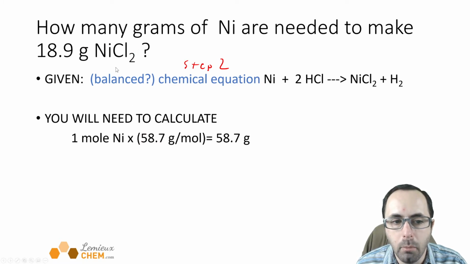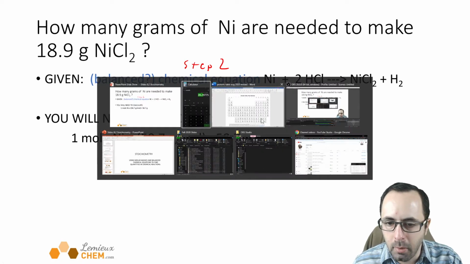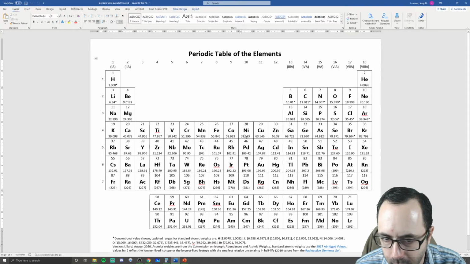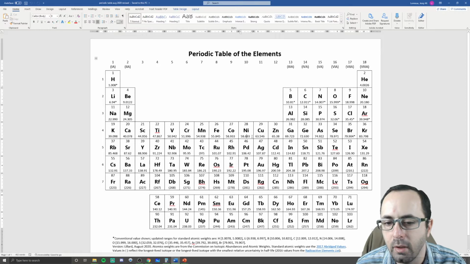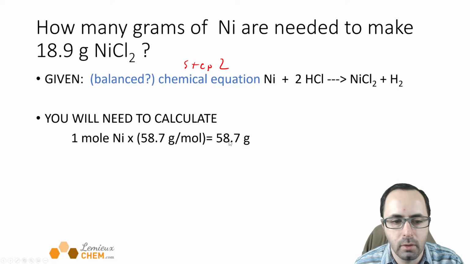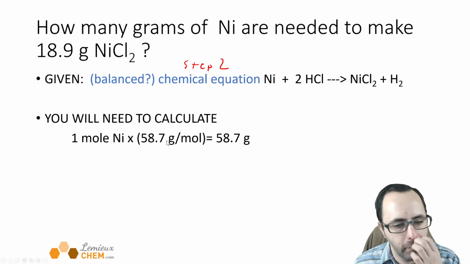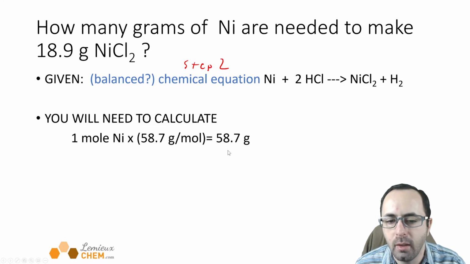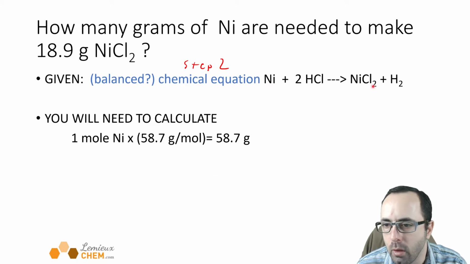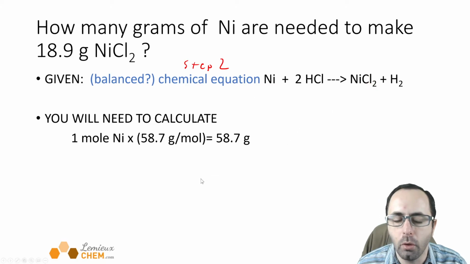So we got 1 mole of nickel in nickel 2 chloride. And if we go to the periodic table, we see 1 mole of nickel atoms weighs 58.7 grams about. And so we have 58.7 grams times 1. That's the mole of the nickel atoms. Now, 1 mole of nickel 2 chloride contains 2 moles of chlorine atoms.